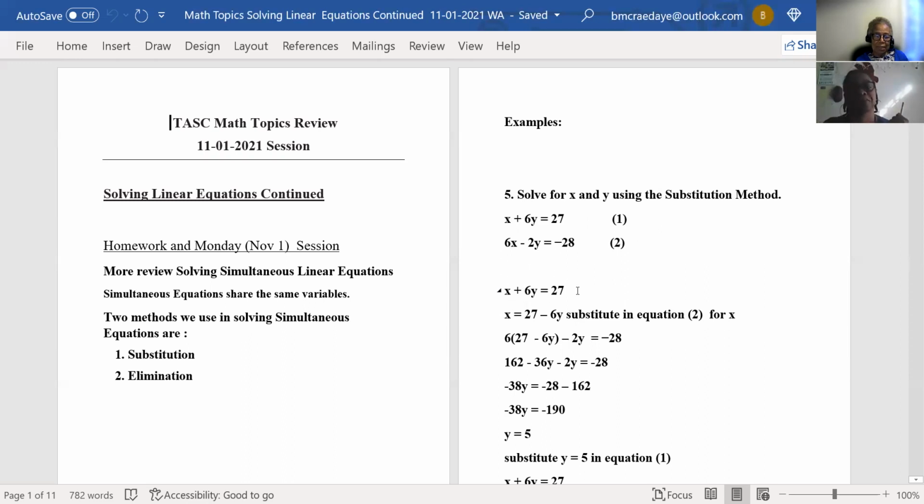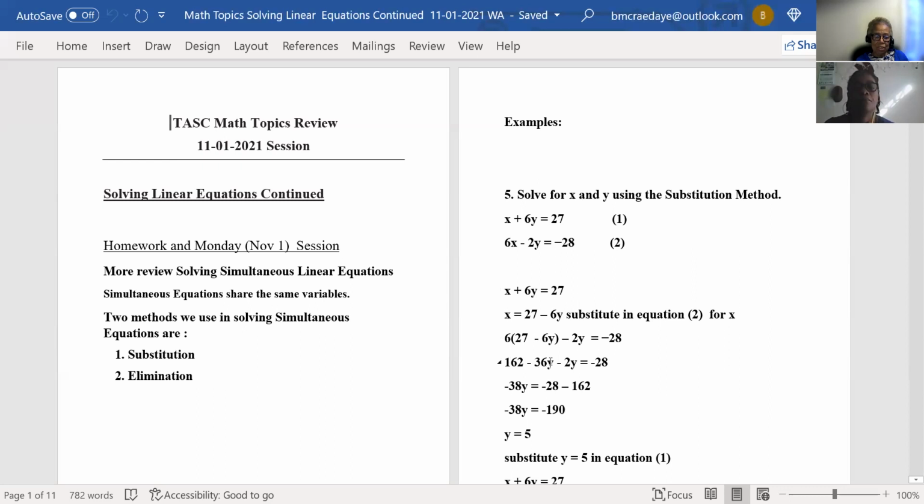That's subtracting 6y from both sides. That gives you x equals 27 minus 6y. And we substitute, that's why it's called substitution. We substitute this into equation 2 for x, so 6x becomes 6 times (27 minus 6y).